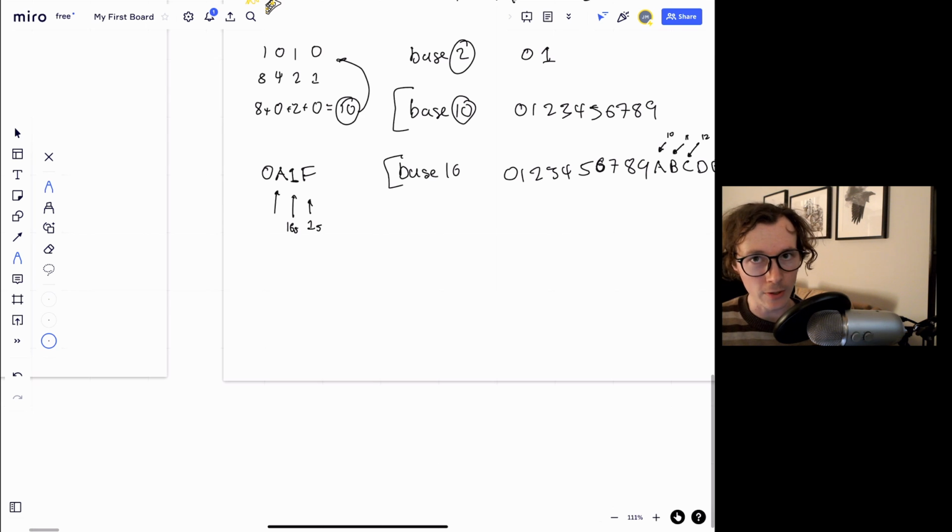Now, the third digit, and I'm going to have to do this on the calculator because I don't know the answer, is going to be the number of 16 times 16s. So 16 times 16 equals what? 256. Okay, I probably should have known that, actually. And so that's 256s.